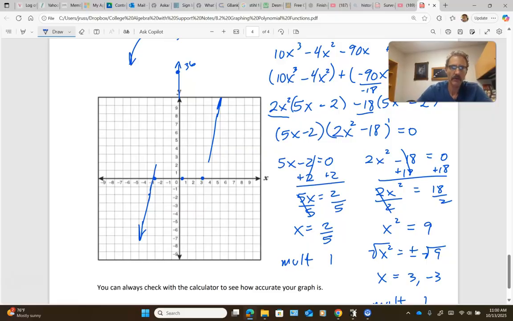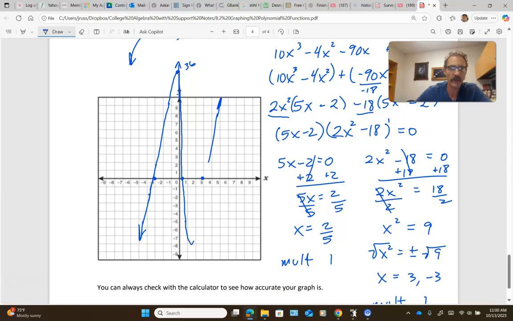Now, before I can get to this next zero at 2/5, because it's on the right-hand side of the y-axis, I need to first come all the way up here to my y-intercept. Cross, and then I take a deep dive all the way down to this zero. I cross again, and again, I don't know how low this function goes.